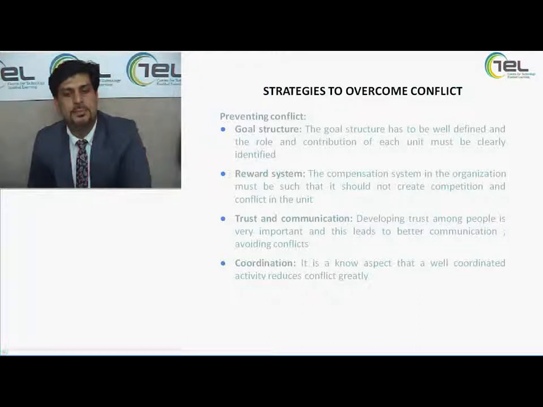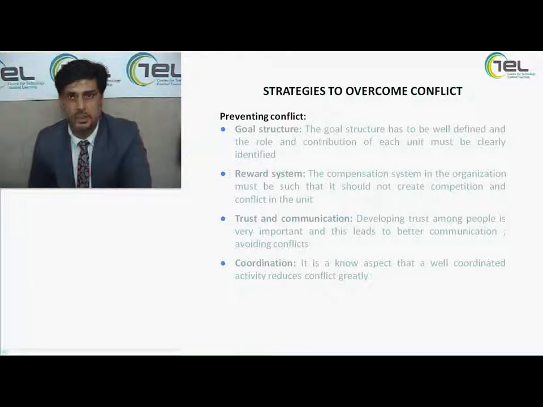The best and the easiest way of overcoming conflicts is, as they say, prevention is better than cure. So, the first strategy to overcome conflict is preventing conflict, or in other words, organizations taking steps or designing things so that the chances of conflicts are minimized.